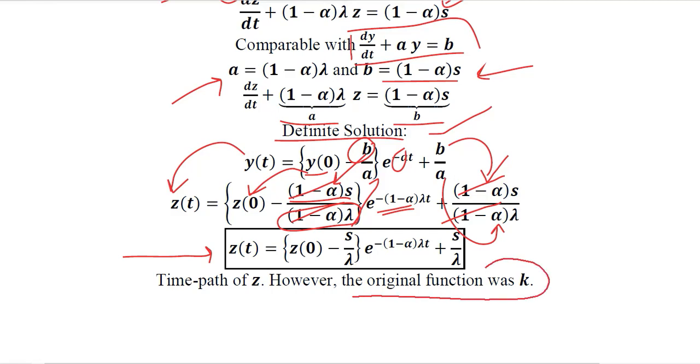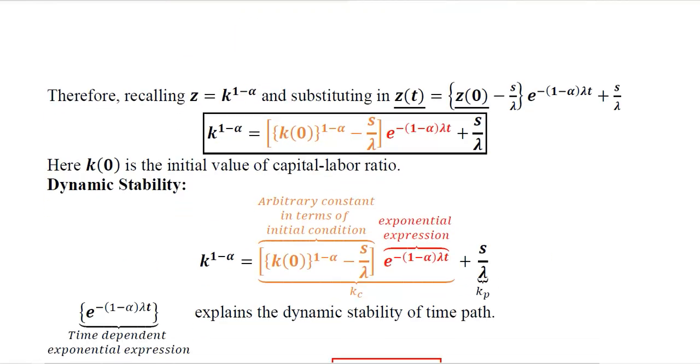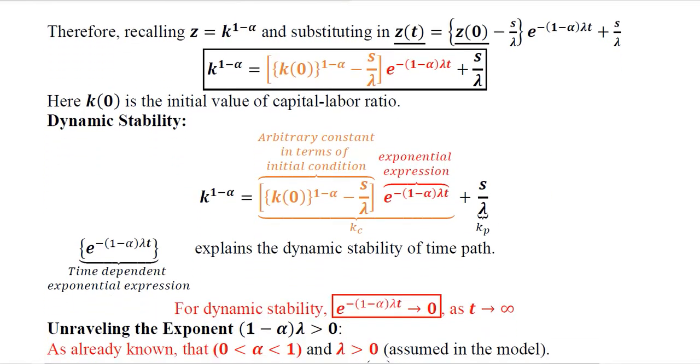However, the original function was in terms of k, so we have to resume the value in terms of k. As we remember, in the Bernoulli's equation, the variable has the power of 1 minus m. Here m is equal to alpha, so instead of z we can write k raised to the power 1 minus alpha.